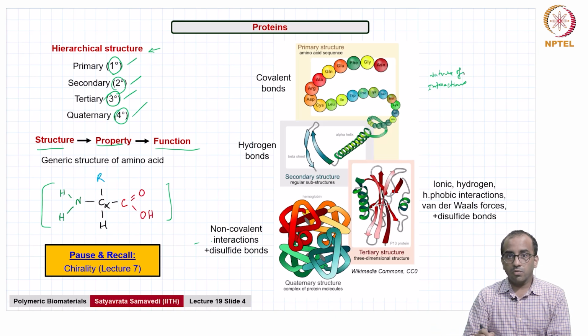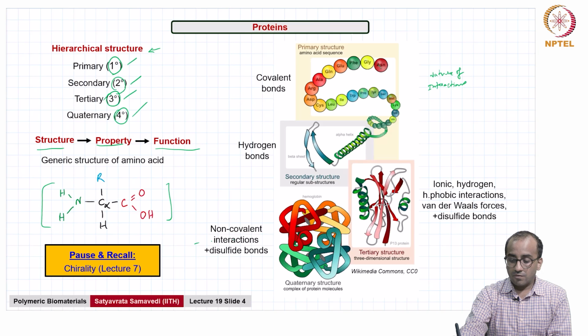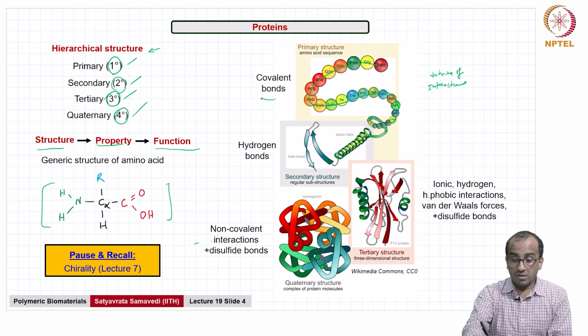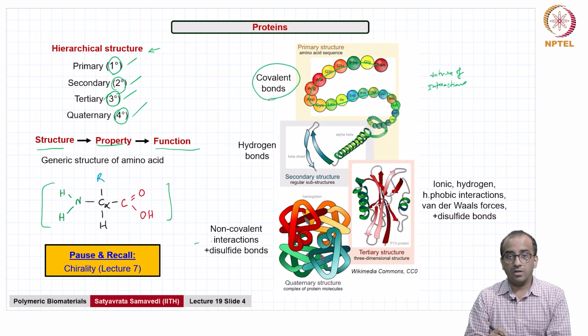The first thing you will notice is that the primary structure, which is simply the amino acid sequence as shown here, is held by the primary bond we are talking about, the covalent bond that links one monomer to another. This is not unlike any other polymer we have seen in the course so far, where the primary criterion for the backbone was covalent bonds that link the carbon atoms together, for example.